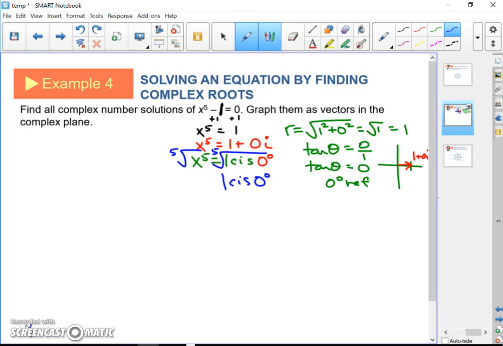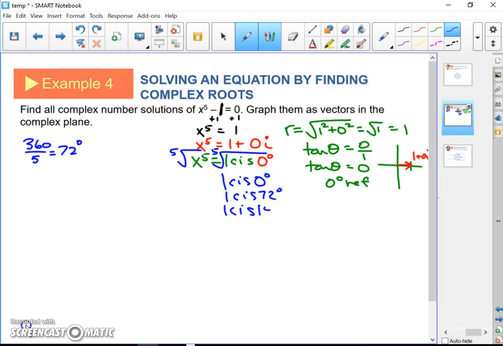Here's how you're going to do that. Because I know there are 5 complex numbers in this plane, they're going to be equally spaced. So I divide 360 by 5, and I get 72 degrees. All 5 of these vectors are going to be 72 apart. So I add 72. 0 plus 72 gives me my second root.